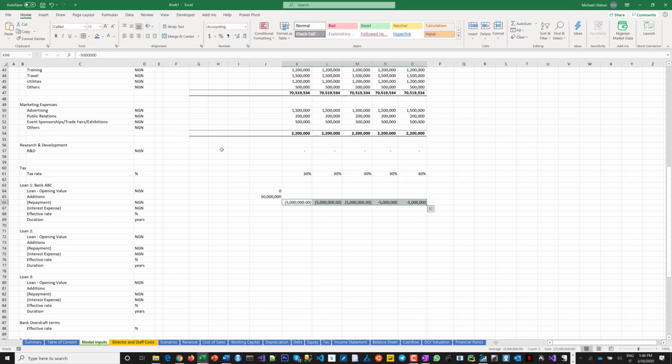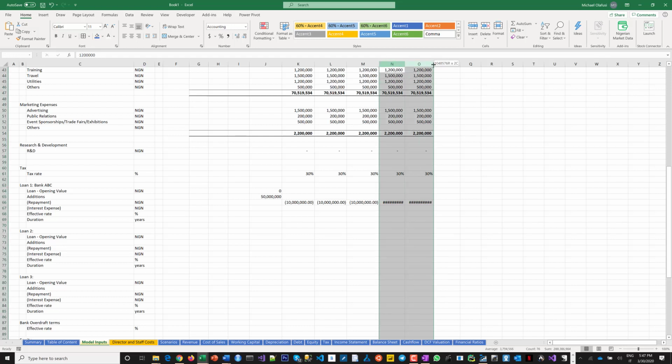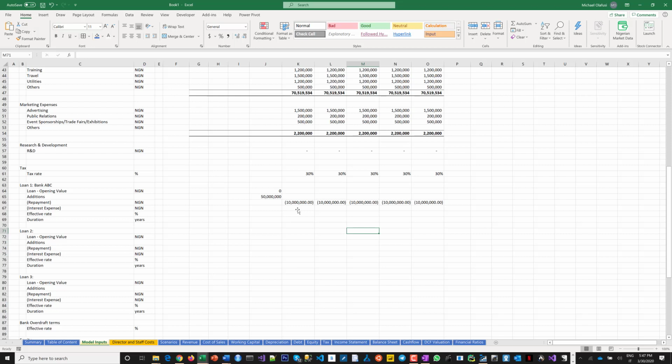If this is being spread across 5 years, then that means it's going to be 10 million a year. Good, great. And then let's say the interest being charged is, I'm going to put 2 million here.